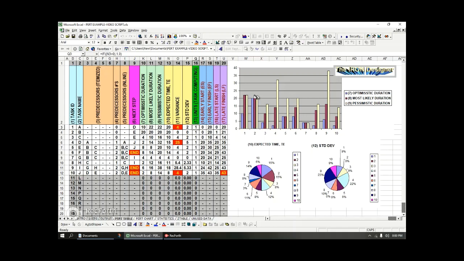So you can only take advantage of it if you get it done in the optimistic time. Here, say in task 2, task B, there's no advantage to any of them. So they're all the same number. You have the same value.